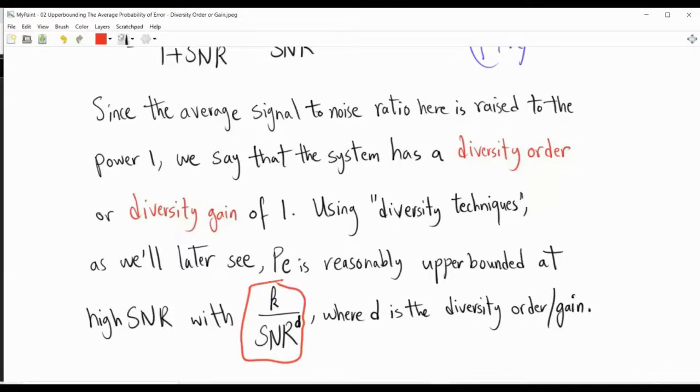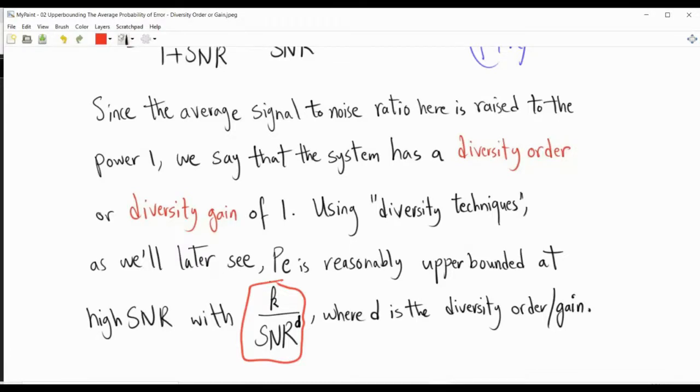For this lecture, d is equal to 1, because we got the average probability of error proportional to 1 over the SNR raised to the power 1. In a coming chapter, we will try to solve the problem of fading via diversity techniques. I will talk about this later.